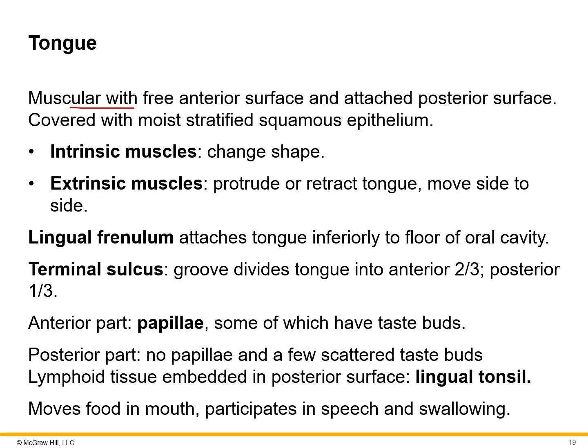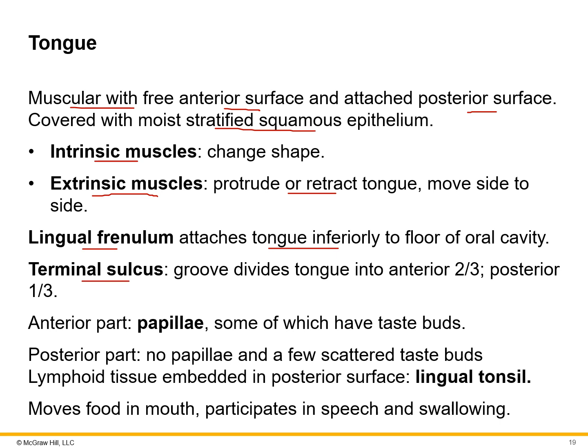The tongue here is a muscular part of the oral cavity. So it has a free anterior surface, of course, attached to the posterior surface. It's made up of stratified squamous epithelium. There are intrinsic muscles there that help change the shape, as well as extrinsic muscles that protrude or retract the tongue or move it from side to side. We have the lingual frenulum that attaches the tongue inferiorly, so below, to the floor of the cavity.